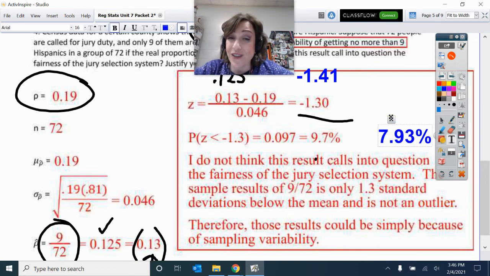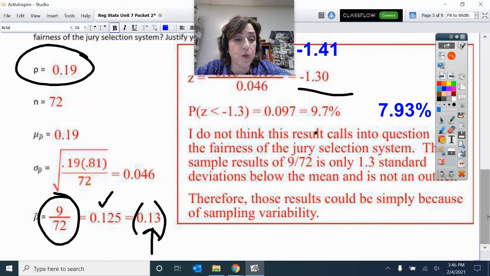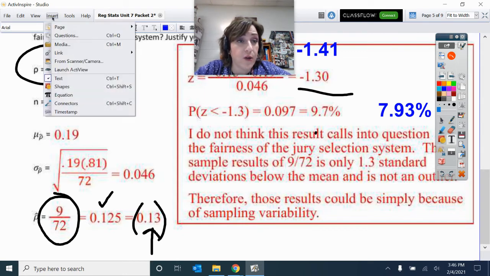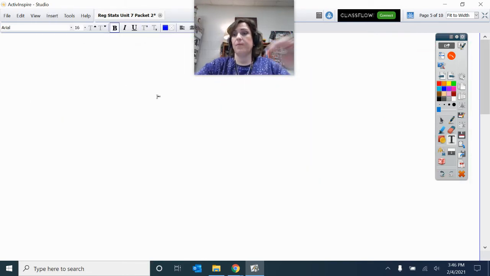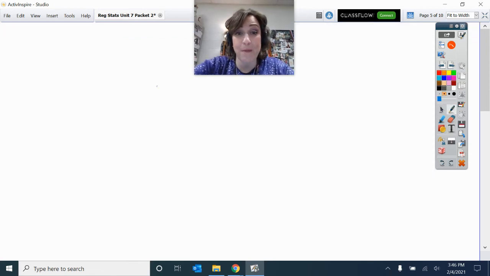Now, here's another question. Is this sample result making me think that the jury system is unfair? This is a really interesting discussion, because if you're interested in going into the criminal justice part of a legal career, then this can happen.